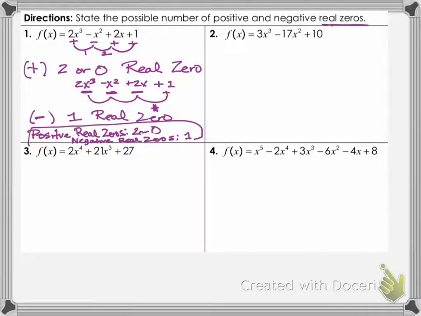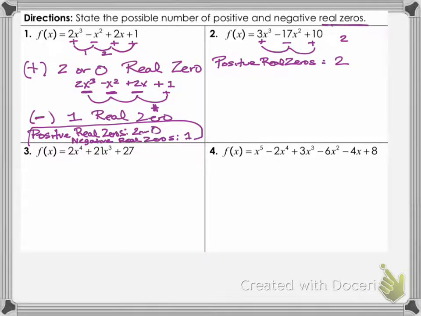Okay, look at sign changes for the positive. This would be plus, minus, plus. So I have 1 here and 1 here. So 2. So positive real zeros, 2.